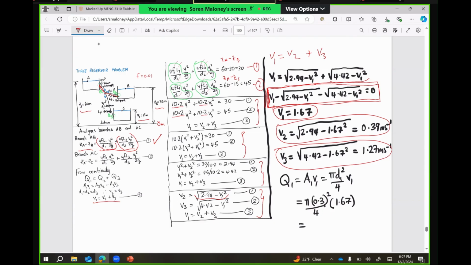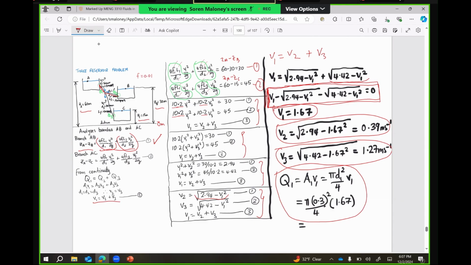So you're able to get your velocities for the different sections of the pipe, right? And then, since we have V1, V2, V3, we can find the flow rate for our total flow, right?